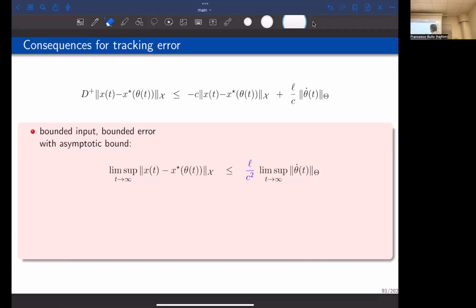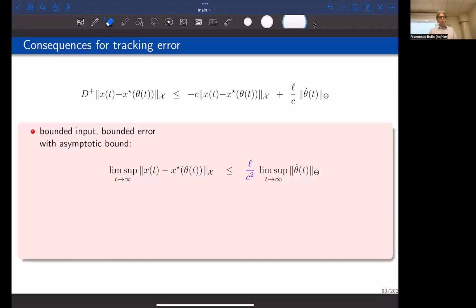This is going to depend upon the speed of the parameter, right? But the coefficient is not going to be L over C. It's going to be L over C squared. Because you need to set the left-hand side to 0. You bring this to the left-hand side, and you divide by C, you get L over C squared. So affectionately, when I talk to my friends, I say this is the L over C squared result, because it's not L over C.